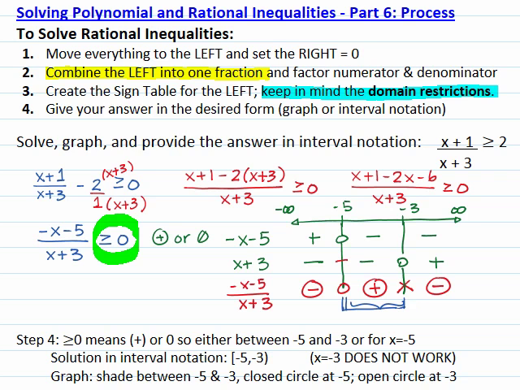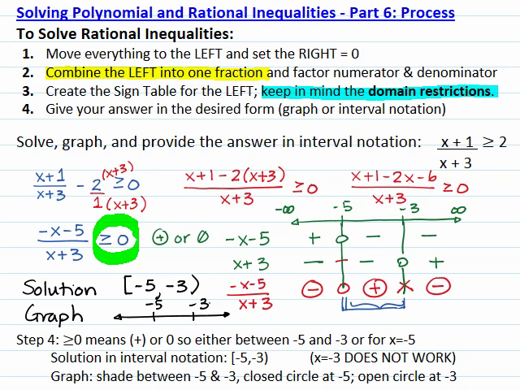So our solution in interval notation will be closed at negative 5, comma, negative 3 open, and our graph will be the area between negative 5 and negative 3 shaded, a closed circle at negative 5 and an open circle at negative 3.